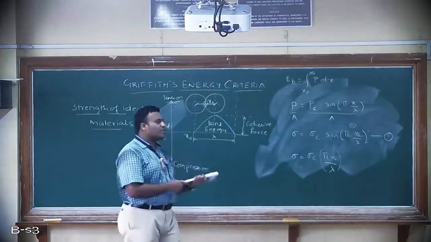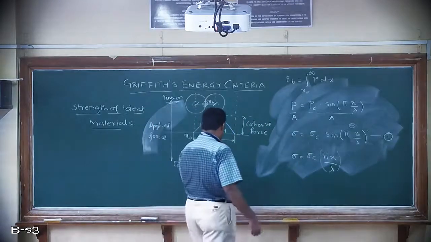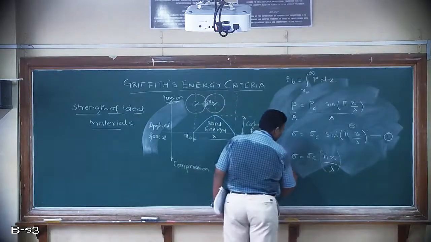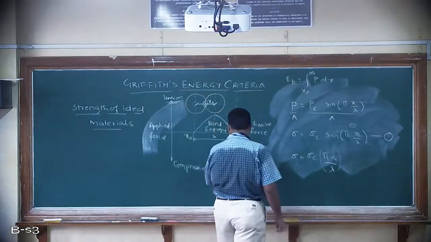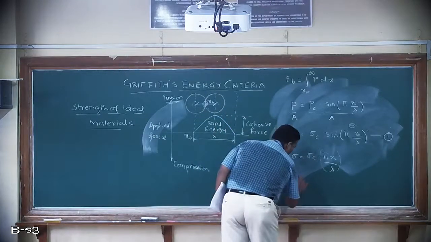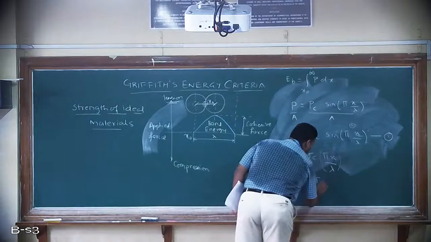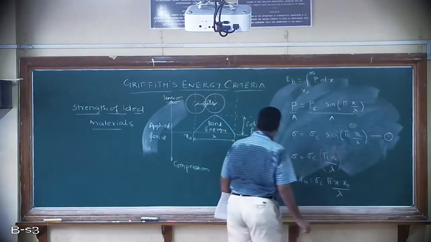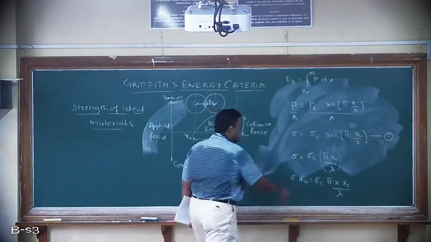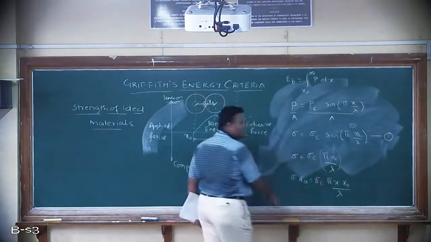For this equation, I multiply by x naught. So I write sigma into x naught is equal to sigma c pi x into x naught divided by lambda. Now this x term, I'll take to the denominator.